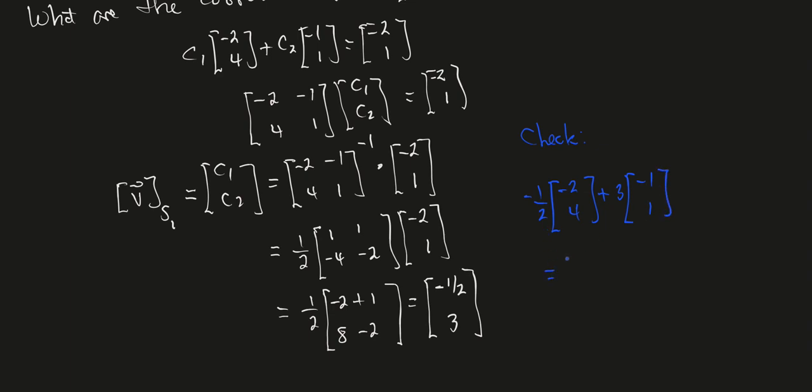Let's do our arithmetic. So 1/2 of this vector is 1, -2, and then 3 times this vector is -3 times 3, and then the sum of these two vectors, there's our -2, and there is our +1, right?